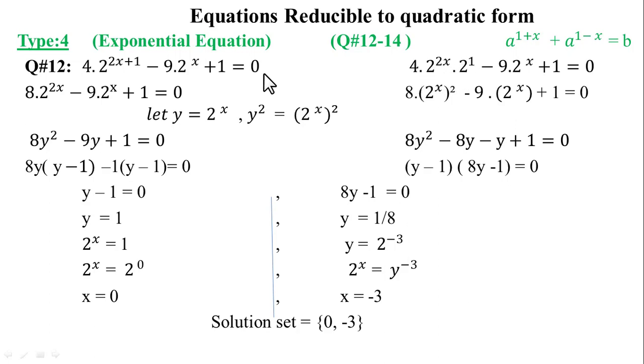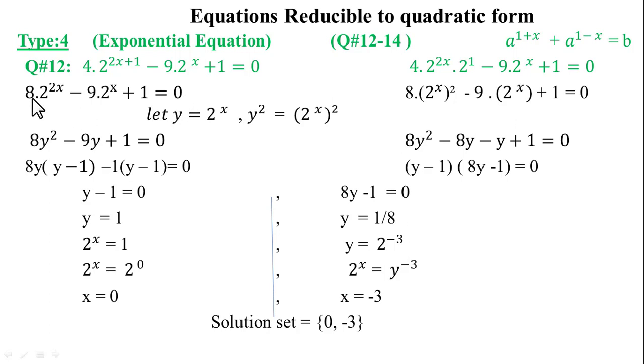So we can write 4 multiplied by 2 to the power 2x multiply by 2 to the power 1, minus 9 multiplied by 2 to the power x plus 1 is equal to 0. After writing in this form, 4 multiplied by 2 is 8, so 8 multiplied by 2 to the power 2x minus 9 multiplied by 2 to the power x plus 1 is equal to 0.